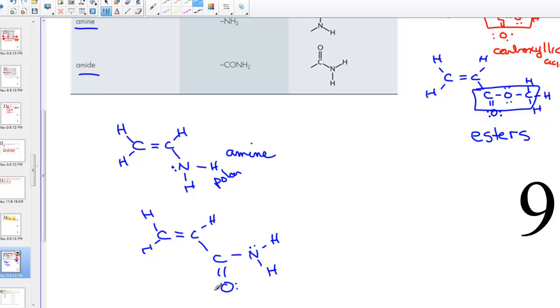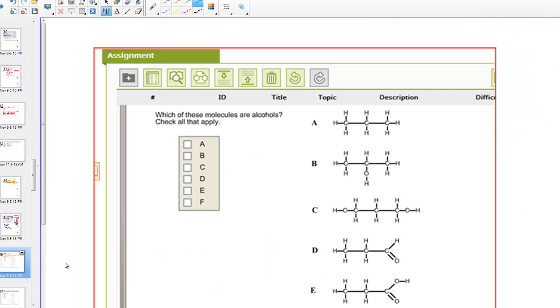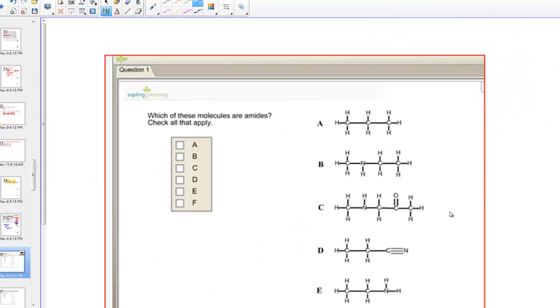The oxygen has two lone pairs to complete its octet. This is called an amide. An amine directly attaches the carbon-nitrogen to the monomer. An amide, the nitrogen is attached to a C double bond O, which is attached to the carbon in the monomer. But all of these different functional groups are easily substituted out in this position to create different types of structures as we learn about monomers coming together to make polymers.